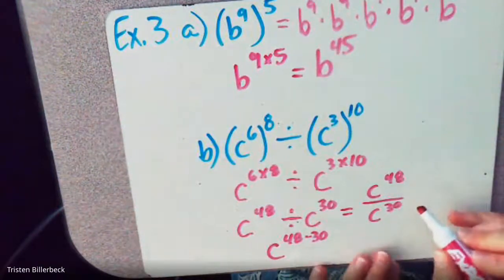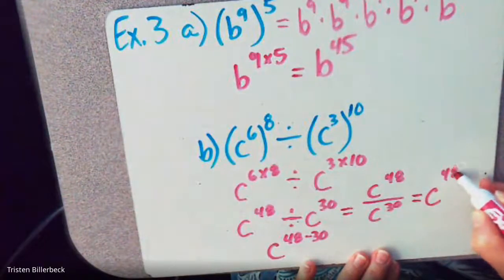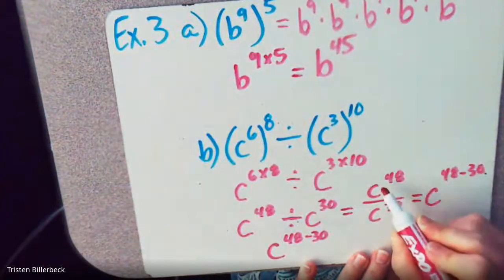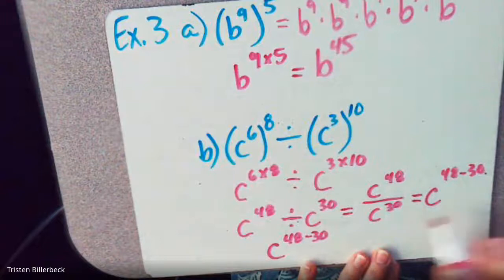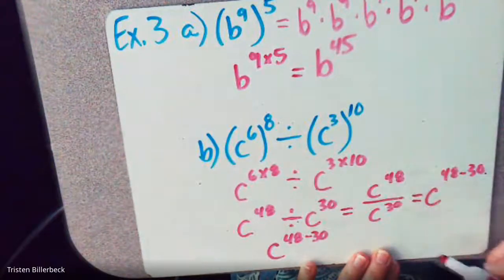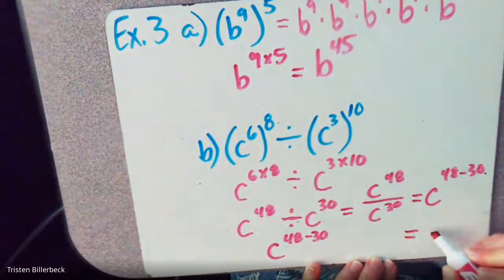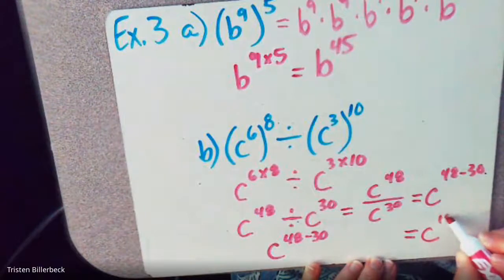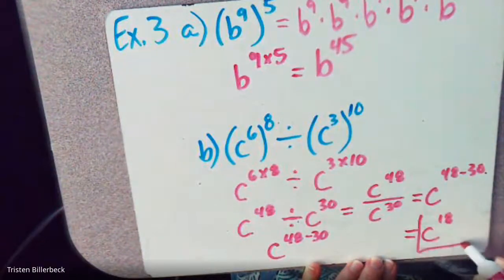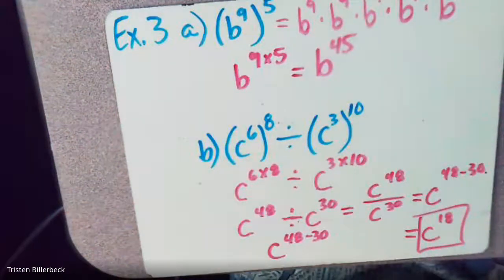If we had written out 48 of those c's and 30 of those c's, we could have canceled 30 of those 48 c's. So our final answer then is c to the 18. So only 18 c's would have been left after all those cancellations.